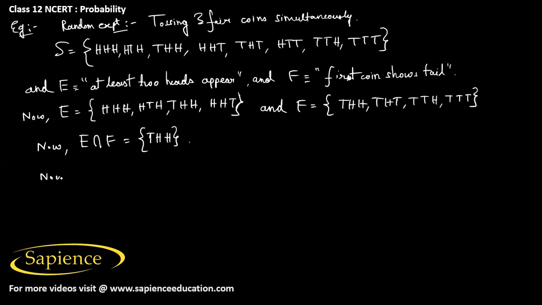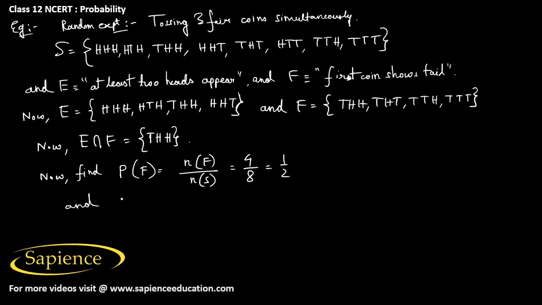If asked to find the probability of the set F, that is the number of elements in F divided by the number of elements in S, which is 4 by 8, that is half.